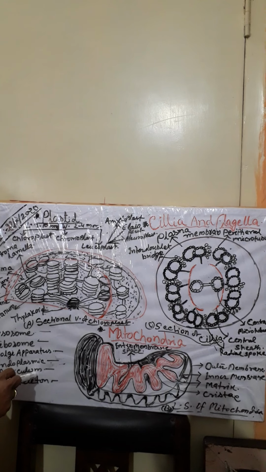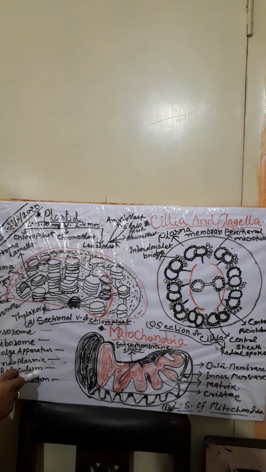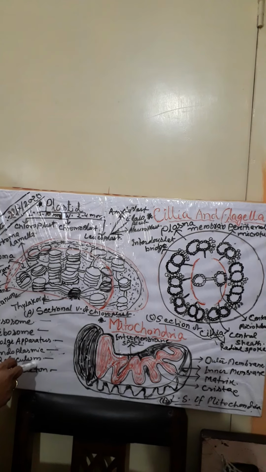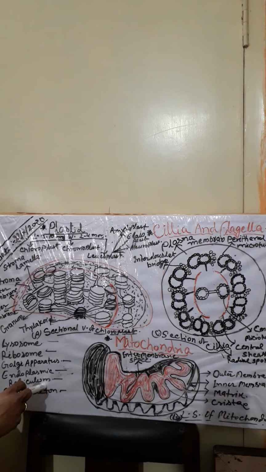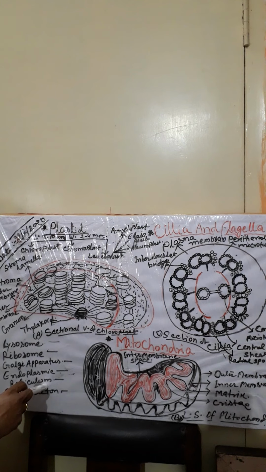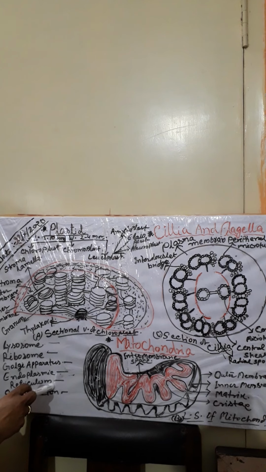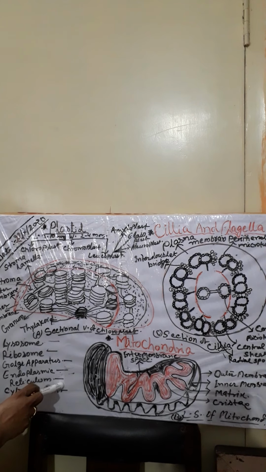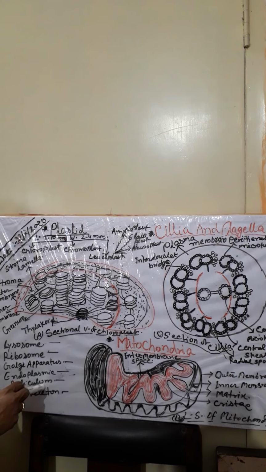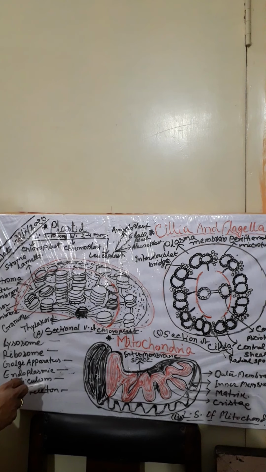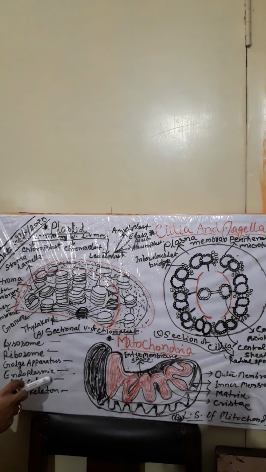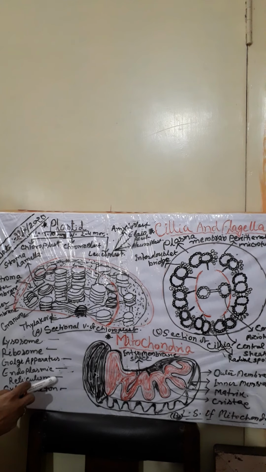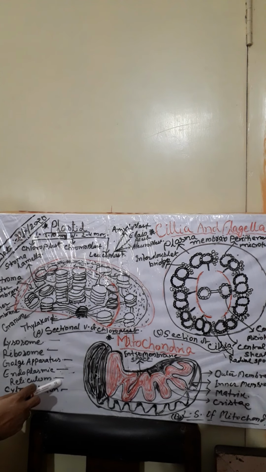The rough endoplasmic reticulum is frequently observed in cells actively involved in protein synthesis and secretion. It is extensive and continuous with the outer membrane of the nucleus. The smooth endoplasmic reticulum is the major site for synthesis of lipids in animal cells.